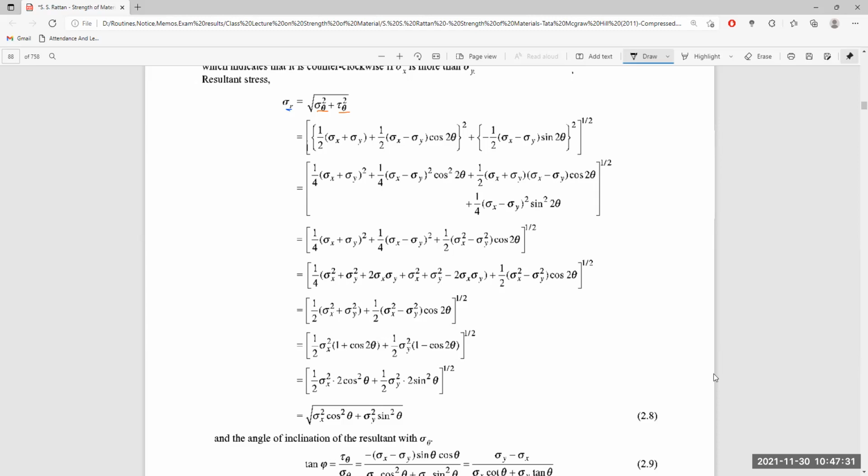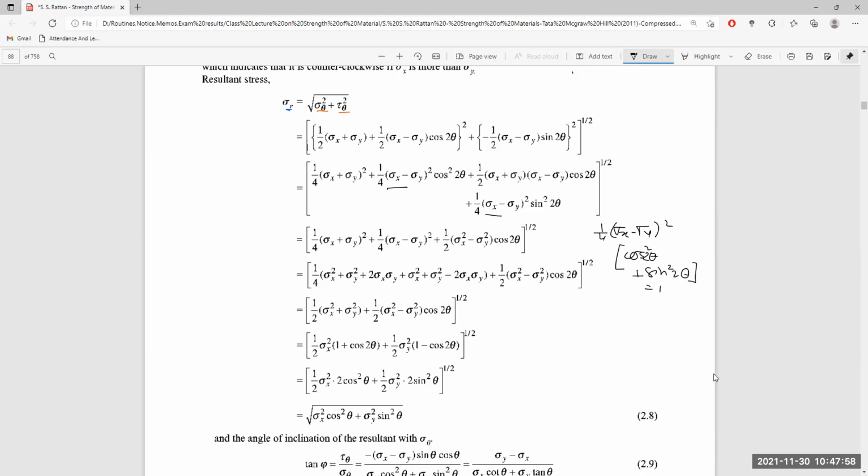If we combine this and this, it becomes 1/4 (sigma x minus sigma y) whole square multiplied by cos square 2 theta plus sin square 2 theta. This is equal to 1. So this remains 1/4 (sigma x minus sigma y) whole square only.